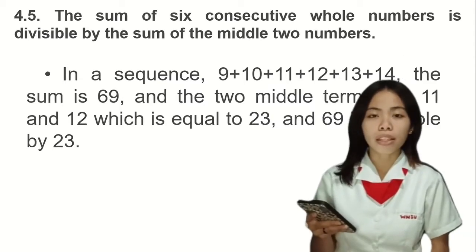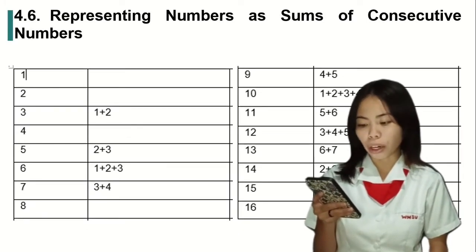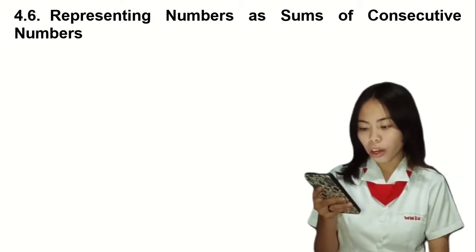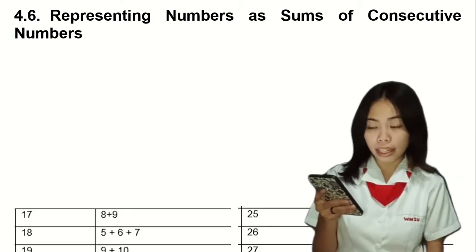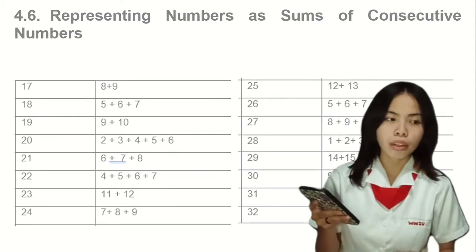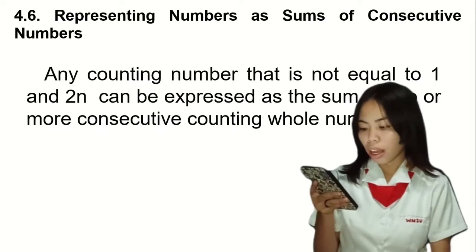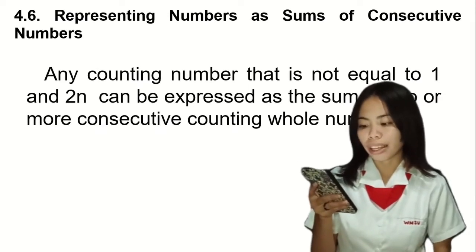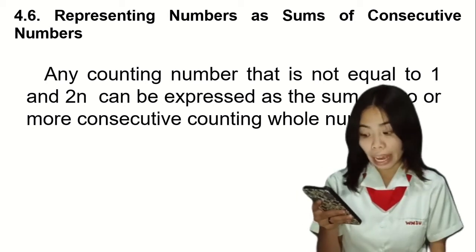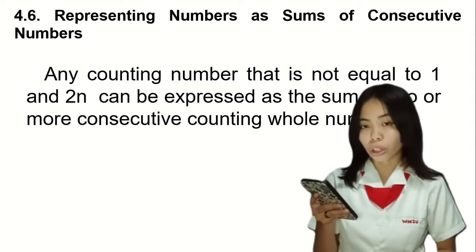For our analysis 4.6, representing numbers as sums of consecutive numbers. For 1, 2, 4, 8, 16, and 32, there is no sum of consecutive numbers. So we conclude that any counting number that is not equal to 1 or 2 raised to the power of n can be expressed as the sum of two or more consecutive counting numbers.